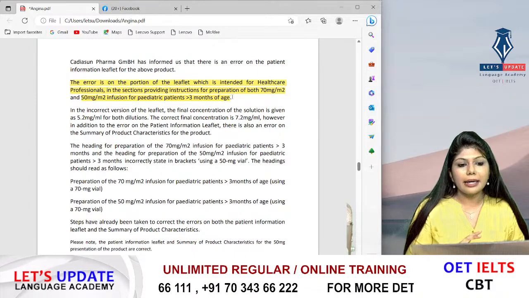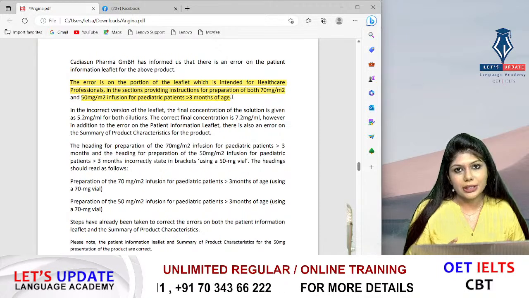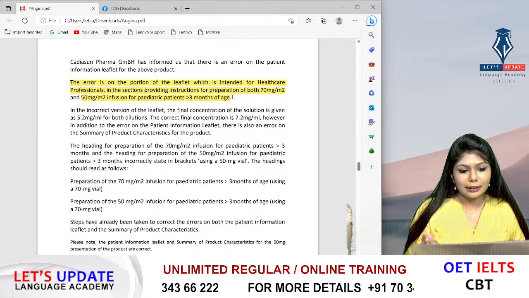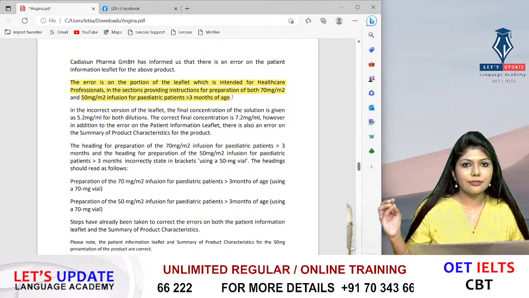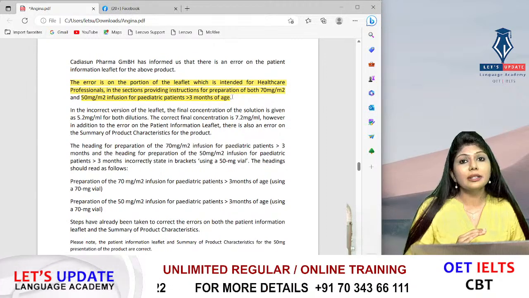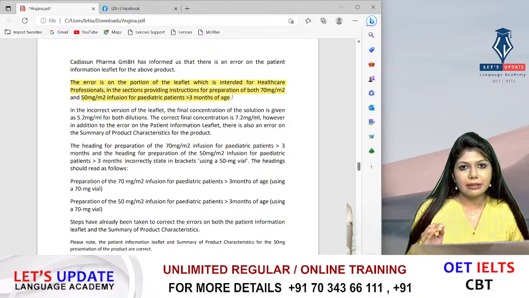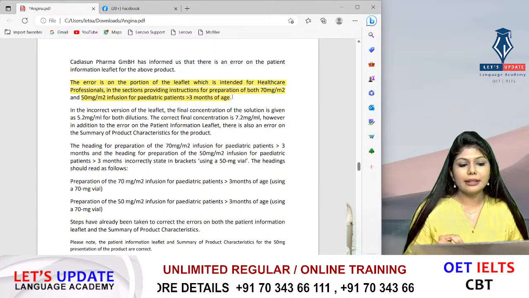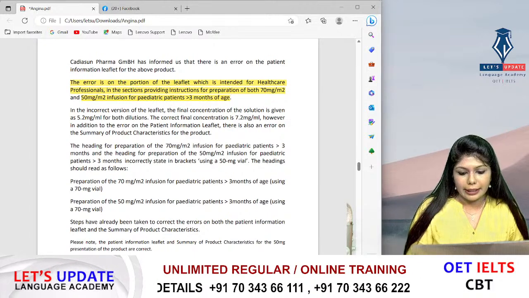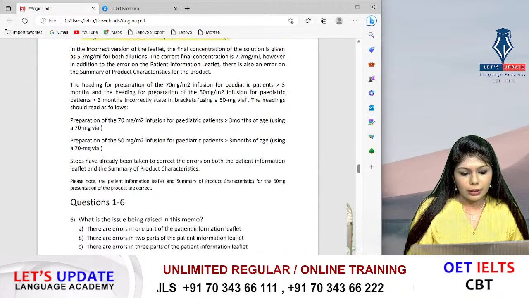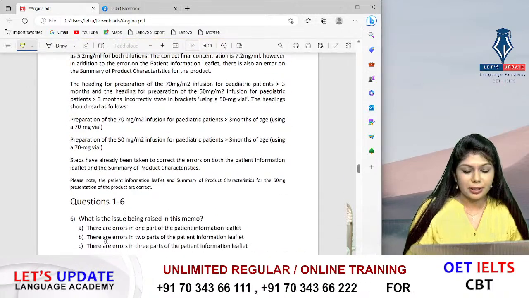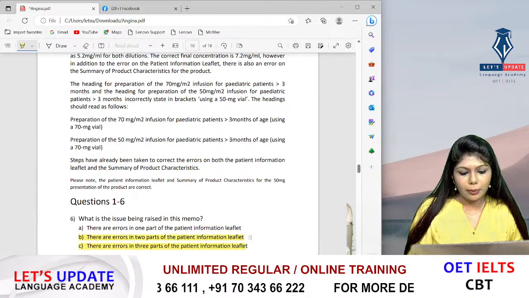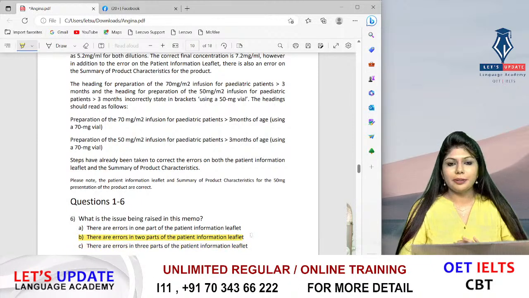So there are errors in two parts in the patient information leaflet, and there is also another error in another part, that is in the summary of product characteristics, but not in the patient information. In the patient information leaflet, there are errors in two areas. One is in the preparation of the 70 mg per m2, and the other is in the 50 mg per m2 area. That is why the answer is there are errors in two parts of the patient information leaflet, that is option B.